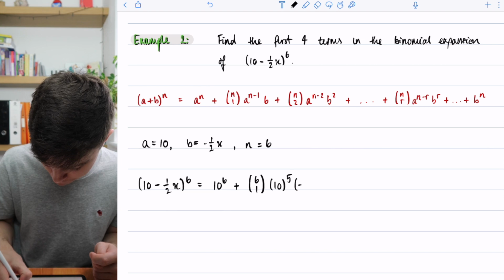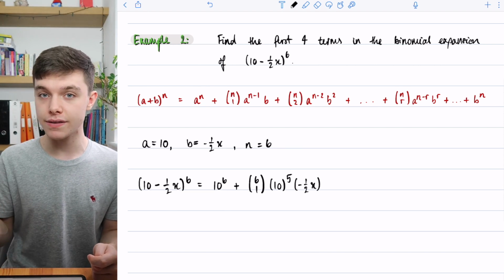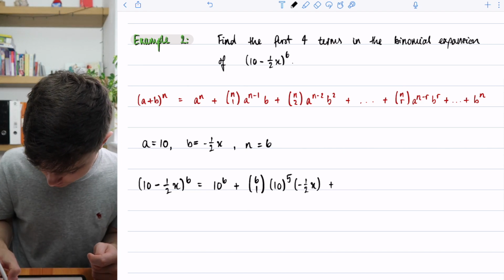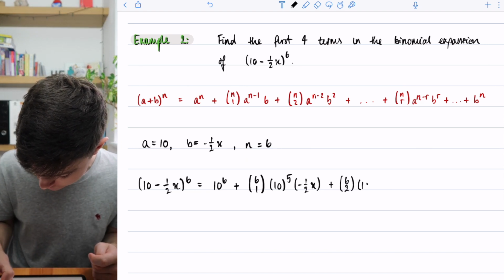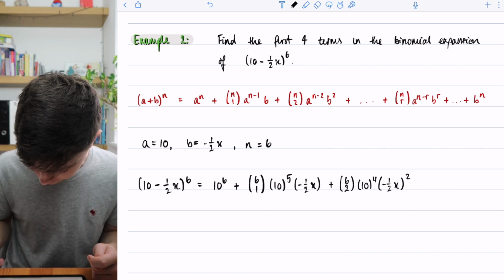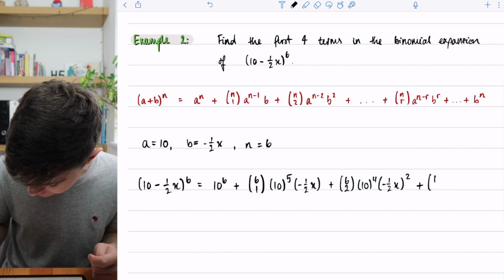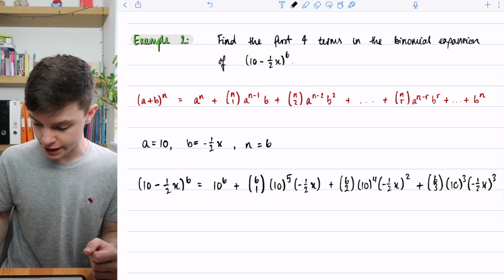Then we're going to have minus a half x to the power of 1, because we're going to increase that power each time. Then we're going to increase what we're choosing, so 6 choose 2, 10 to the 4, minus a half x to the 2. Then add on 6 choose 3, 10 to the 3, minus a half x cubed, or to the power 3.